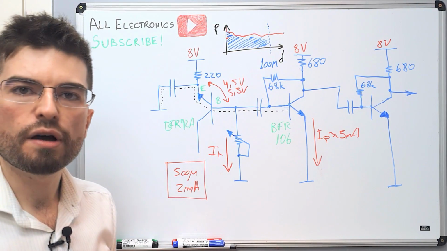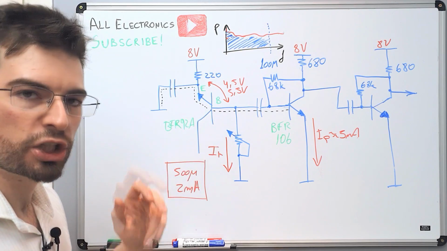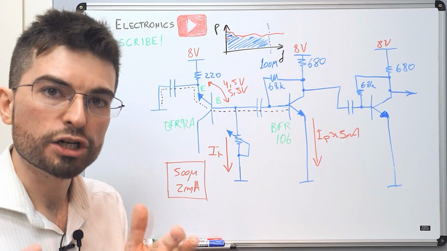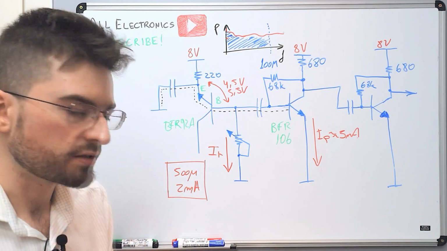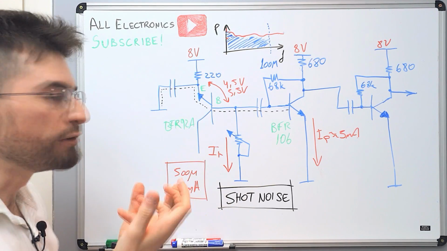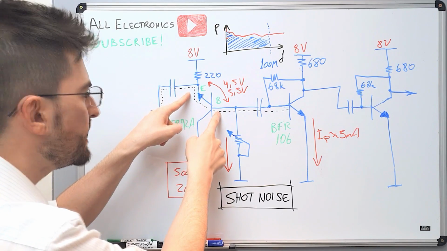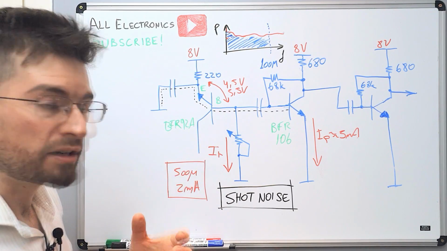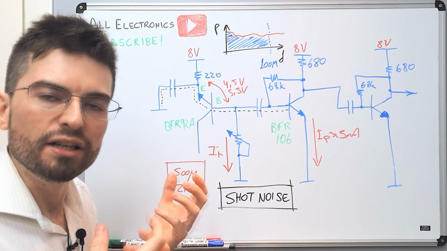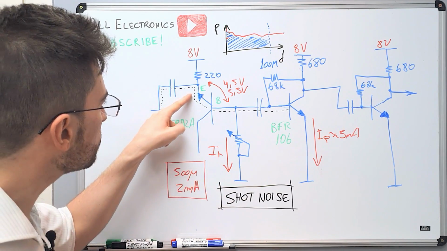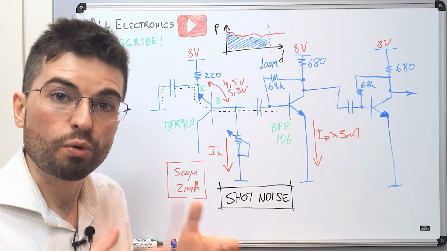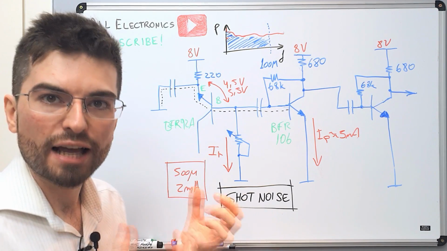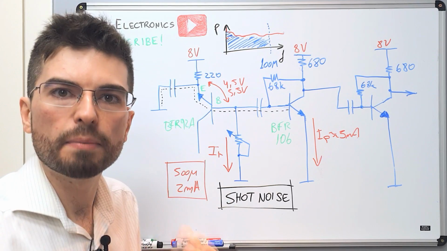If you are asking yourself why the reverse PN junction generates noise, you can search and study shot noise. What happens is that we are applying a reverse potential over the PN junction, and the electrons that are crossing the junction, that have enough energy to cross the reverse bias junction, carry a quantized amount of energy. Each electron is actually a quantized amount of energy.